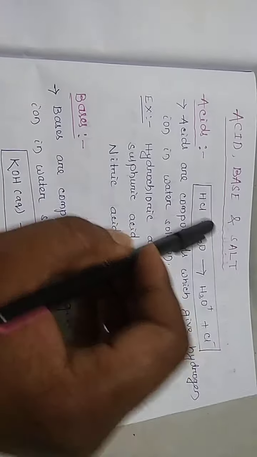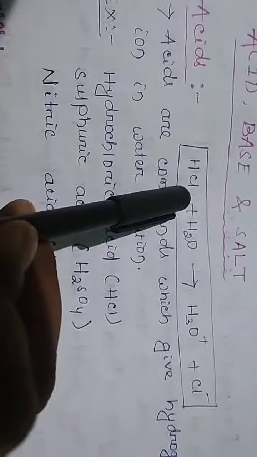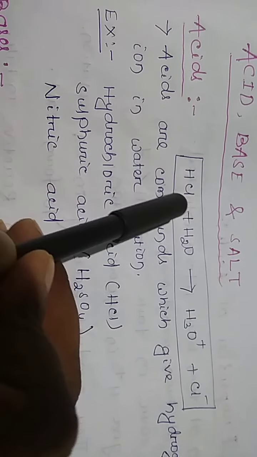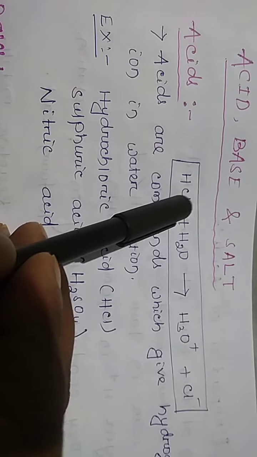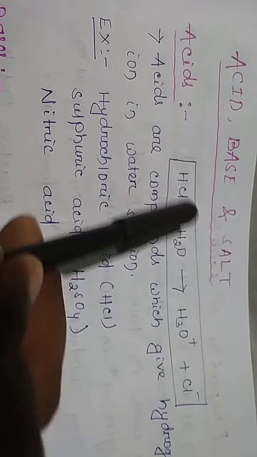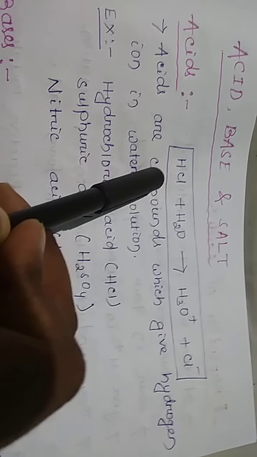Okay, so look in this reaction. Here this is a compound, the hydrochloric acid compound. That compound comes in contact with water, and if it gives hydrogen ion into the water, then that compound should be regarded as acid.